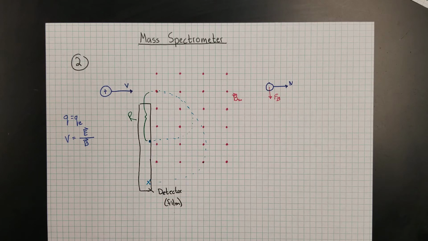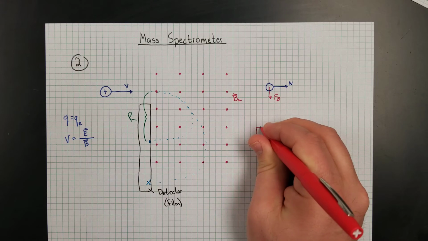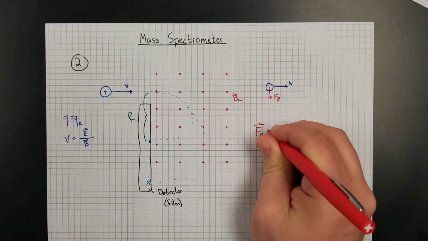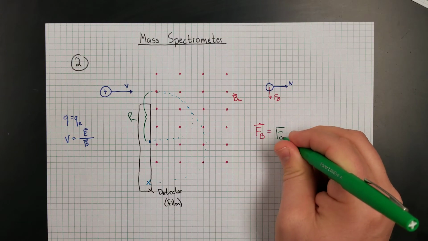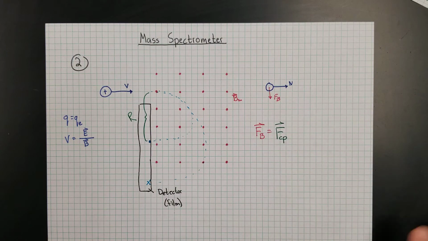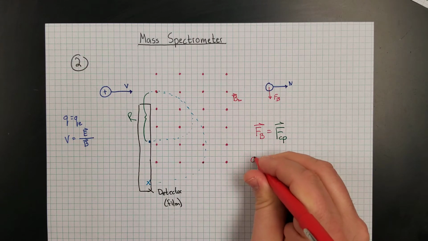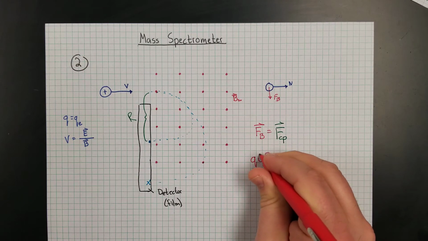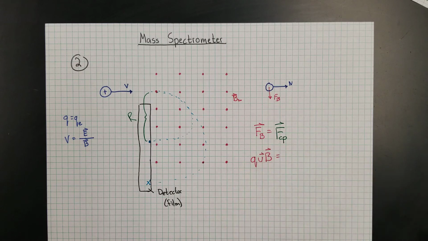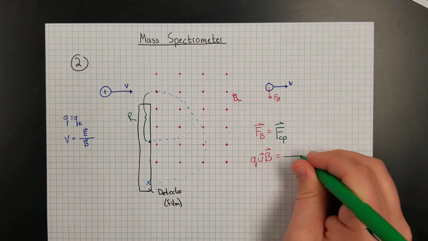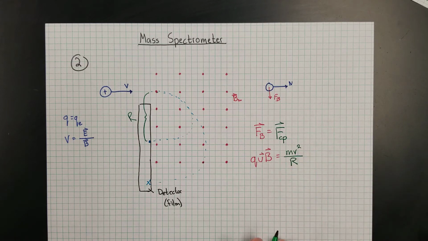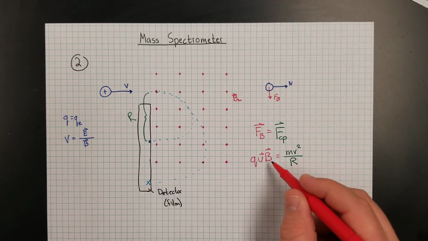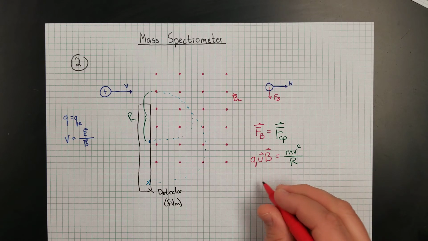So entering the field, the magnetic force in this case, F_B, is centripetal. And so we can set the quantity qvB equal to the quantity mv squared over r. Call that big R. Okay, so you could do a little bit of canceling, like you could cancel this v with one of those v's.